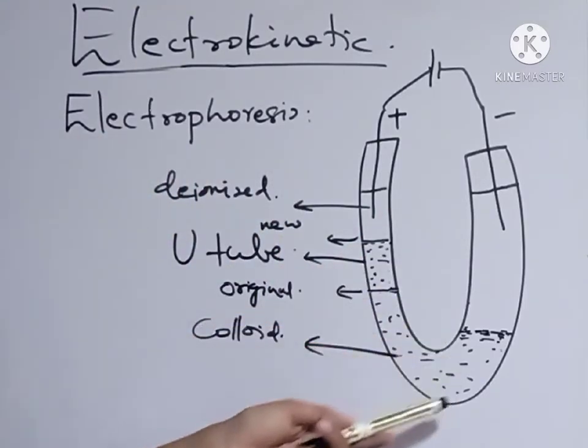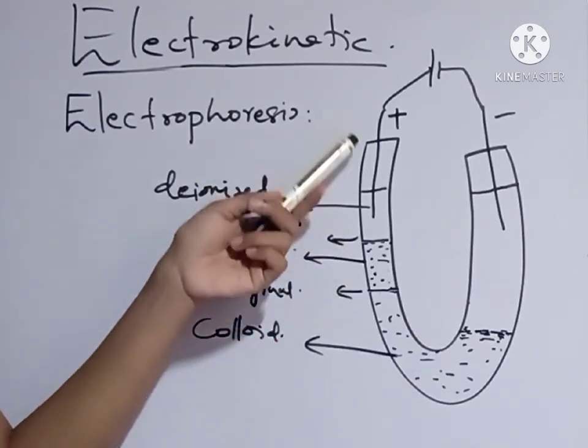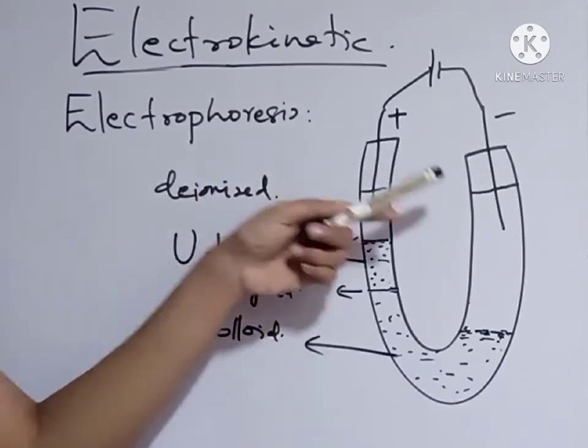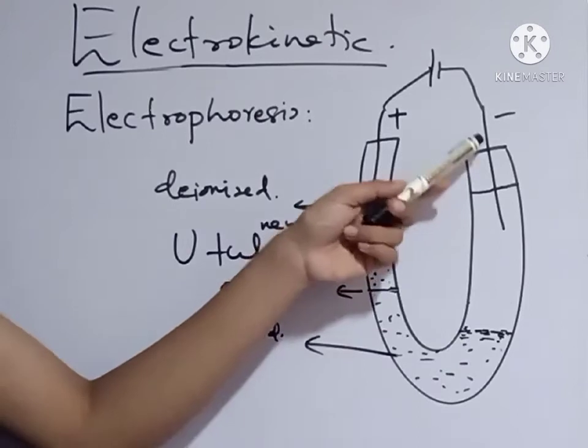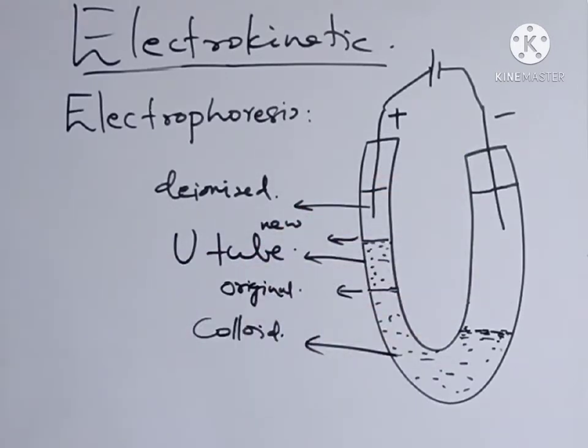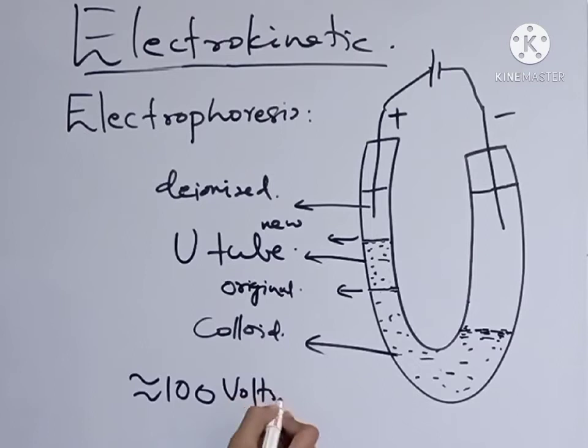That is why the colloidal level rose in the positive electrode region and decreased in the negative electrode region. Normally the EMF we have to supply to do this experiment is about 100 volts. This is the EMF requirement to conduct this experiment.